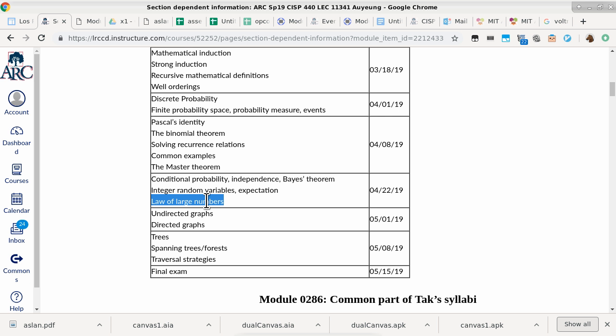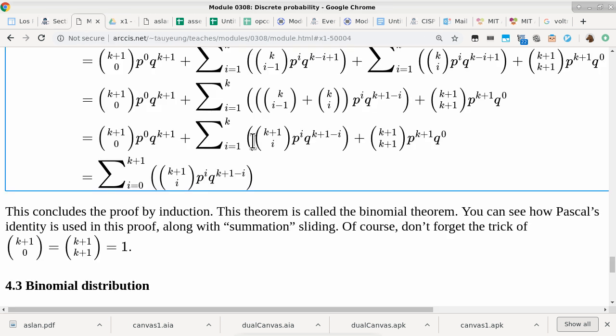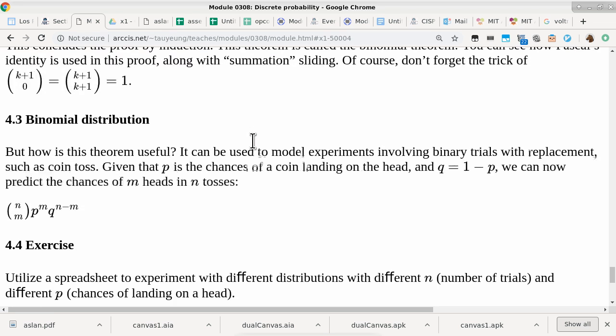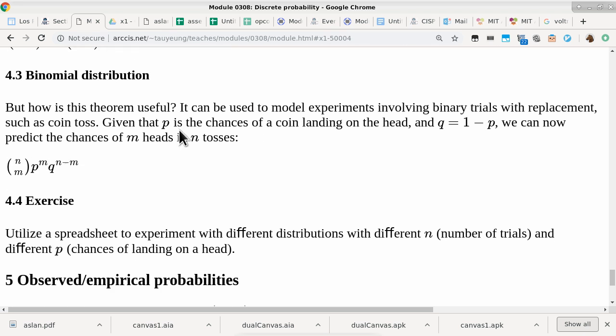So that's the argument, based on the law of large numbers. Cool. So the binomial distribution is what we just talked about, and this is singling out a particular term. Are we okay so far with all of this stuff?